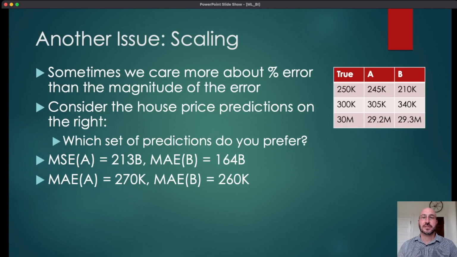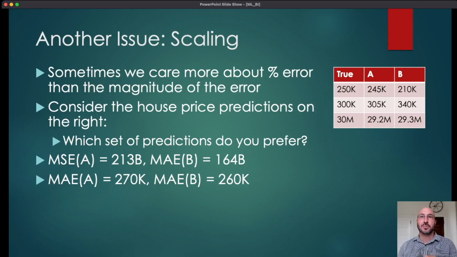So the issue here is not so much the squared component of the error, although that does exacerbate it, but it's also that we are comparing an $800,000 error on 30 million and treating that the same as an $800,000 error on a $200,000 house. So in a problem like this, we probably care more about the percentage error.